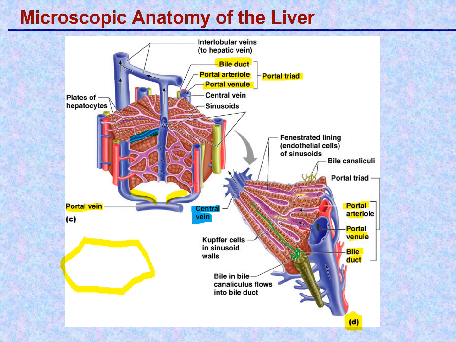Meanwhile, bile is being produced on the opposite side of the cord and flowing towards the bile duct in each triad. In this way, the organ gets oxygen-rich blood and nutrient-rich blood for processing and produces bile that's kept separate from that blood.